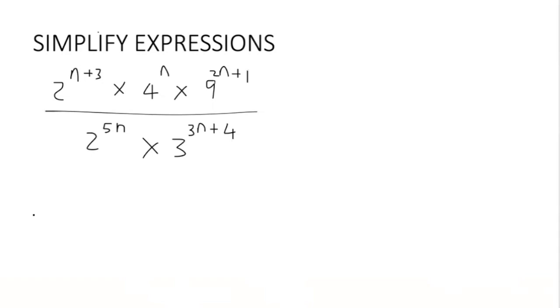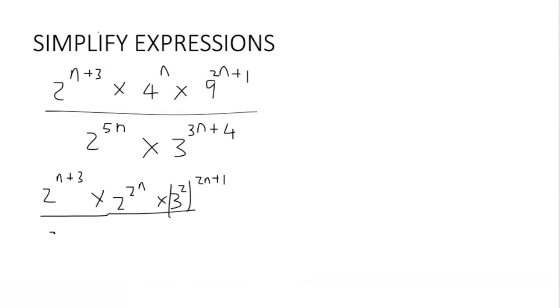So say we have the following expression to simplify. The first thing, let's get 9 and 4 in their lowest form. So we have 2 to the n plus 3, and 4 is 2 squared, and we have n, and the 9 is 3 squared but we have 2n plus 1.